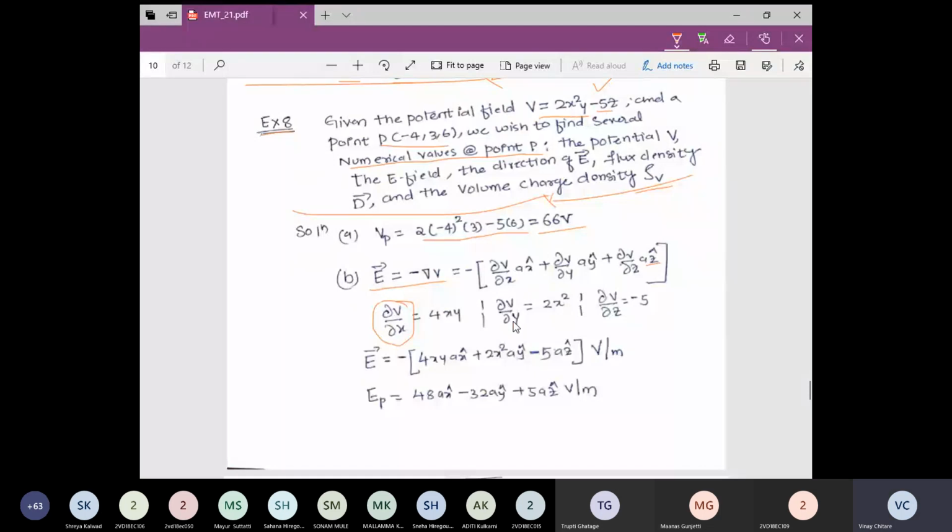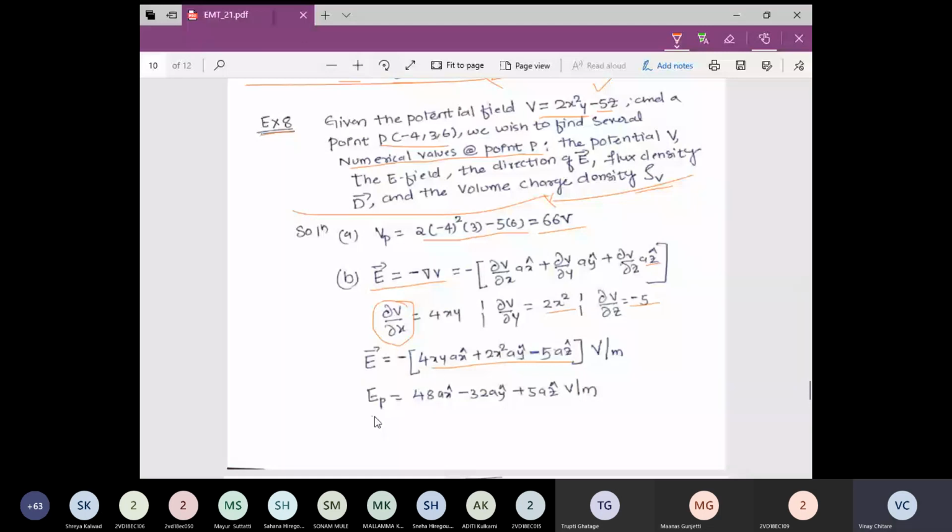Similarly, partial differentiation of V with respect to Y will be 2x square, and with respect to Z will be minus 5. So you can plug in all these things and write the electric field as this one. If you substitute the point, you will get the electric field at that particular point.